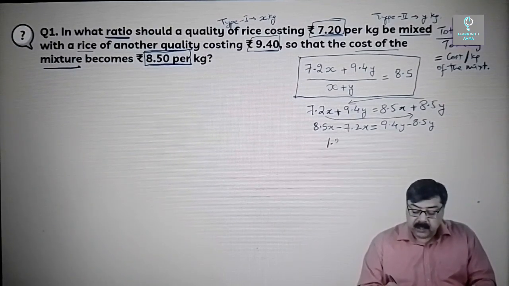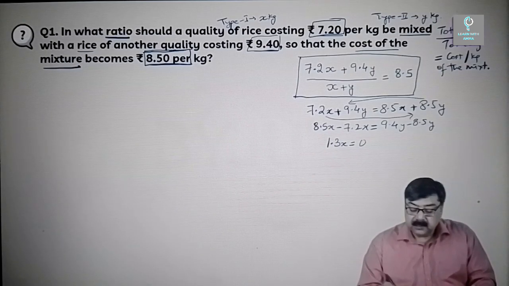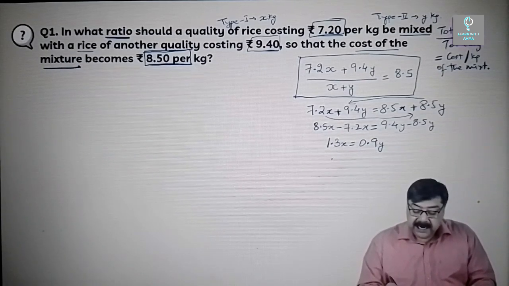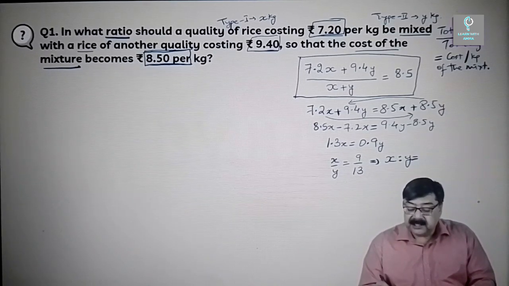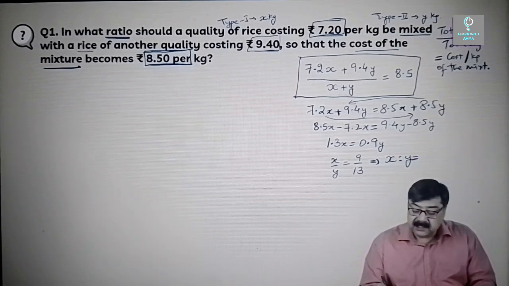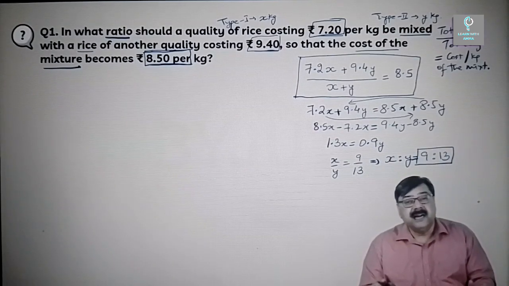So this shall become 1.3x equals 0.9y. x by y shall be equal to 9 by 13, which means the ratio between the two quantities shall be x is to y equals 9 is to 13. So this is the ratio that is desired by the question.